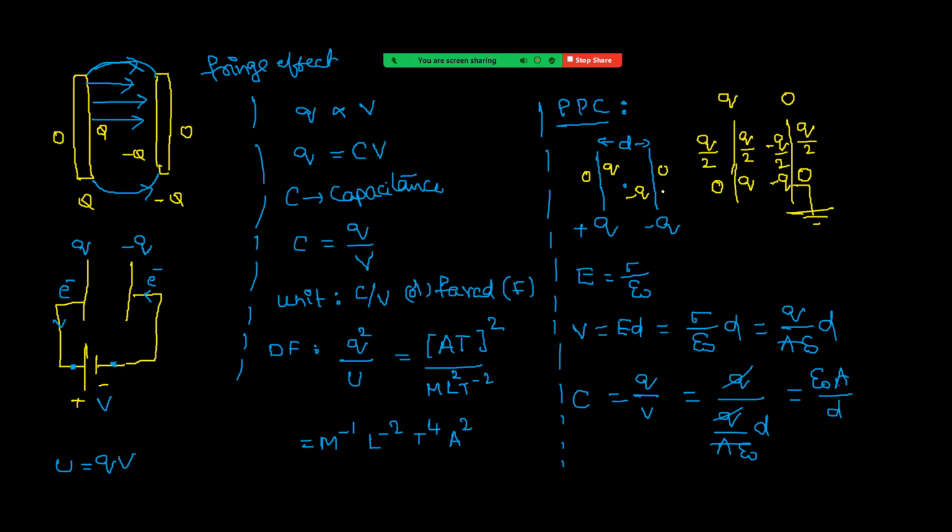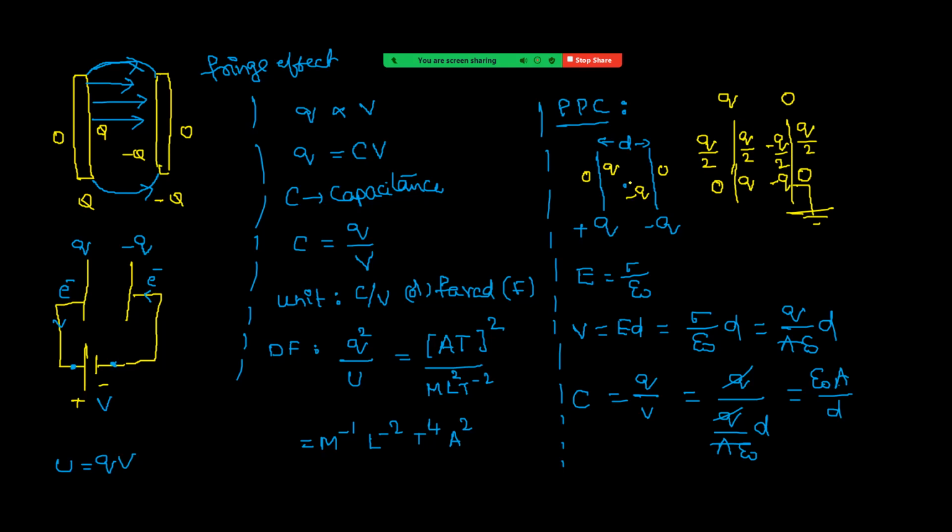So if you want to calculate capacitance, either you can take plus Q minus Q, means giving plus Q charge to one plate, minus Q to the other plate, and solving. Otherwise, giving one plate charge Q, now the other one is grounded.